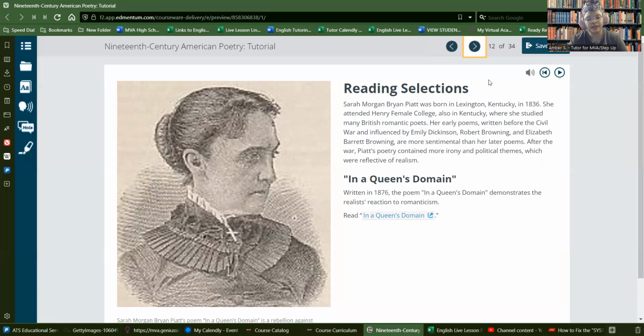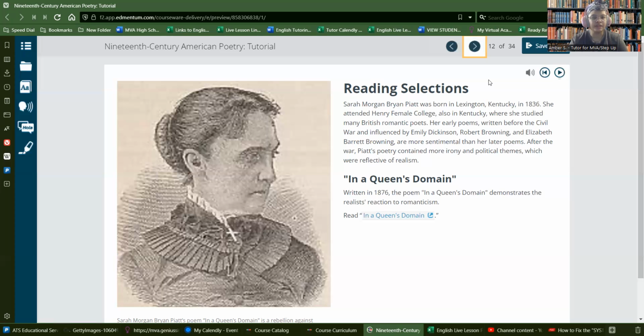She attended Henry College, and it was an all-girls school. And she studied a lot of romantic poets. So basically she was influenced a lot by Emily Dickinson, whose poem we just read, Robert Browning, and Elizabeth Barrett Browning, at least her early poetry.